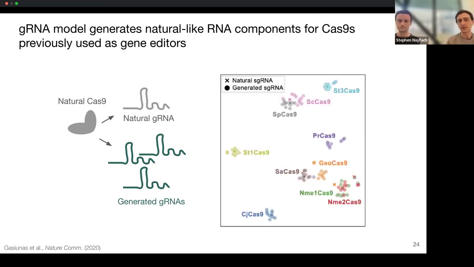When we clustered together the generated and natural guide RNAs from these 10 different Cas9 proteins, we find that they cluster together as expected. So for example, for SpCas9, the generated guide RNAs are at the sequence level quite similar to the natural guide RNA that's found with SpCas9. This was the first thing that gave us confidence in the model.